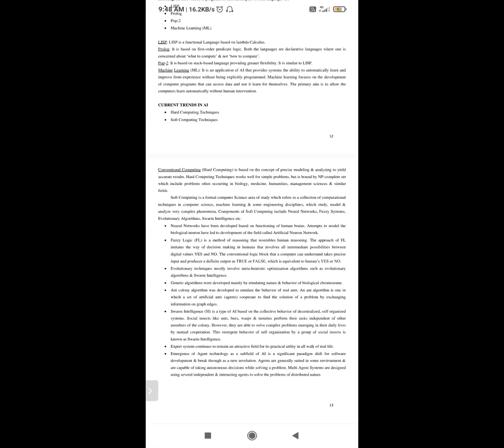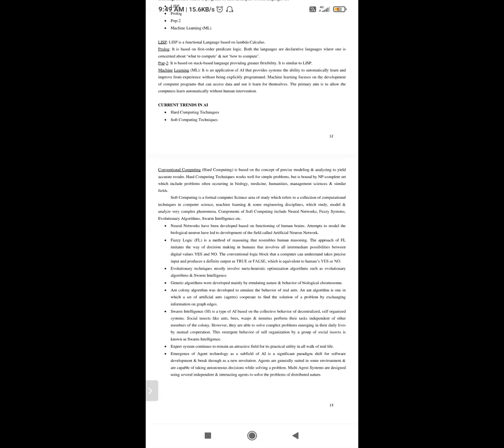Based on the research done, artificial neural networks were introduced.